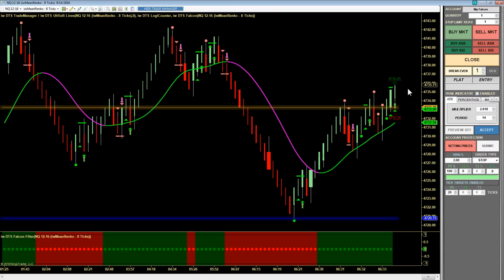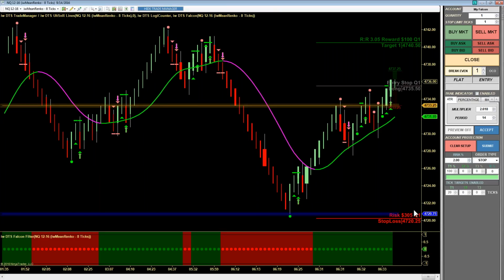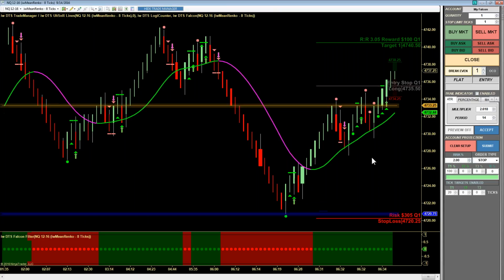In fact, I could probably run that stop a little bit deeper still. Yeah, there you go. So what changes is your quantity. Your position size never really changes.